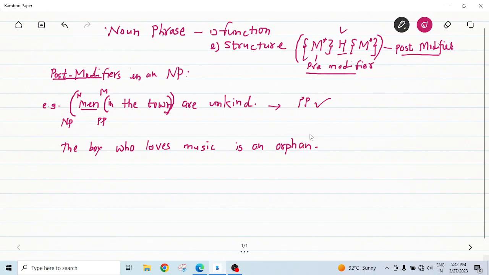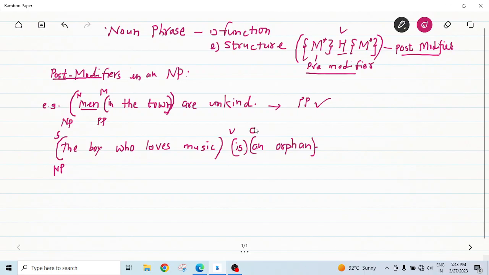This is a clause or say sentence. In this sentence you identify that this is a noun phrase in total, which functions as subject in this clause. Here is the verb and here is the complement.